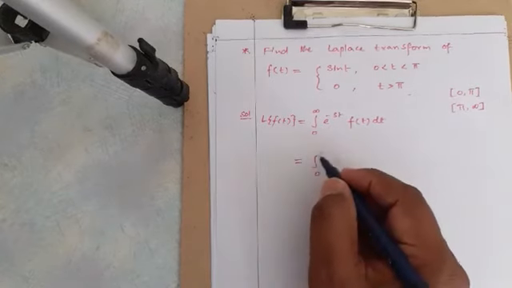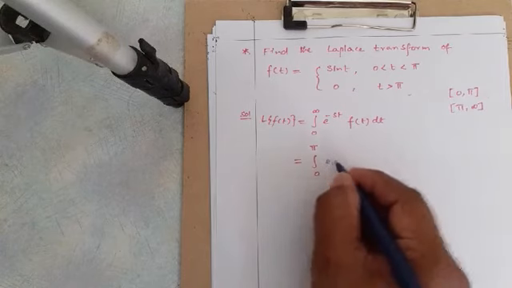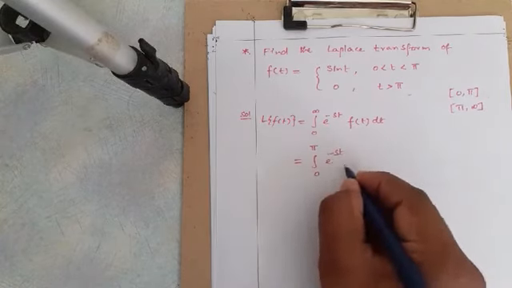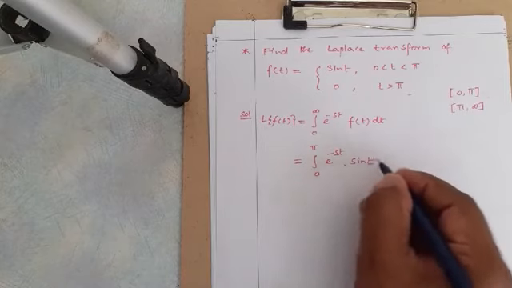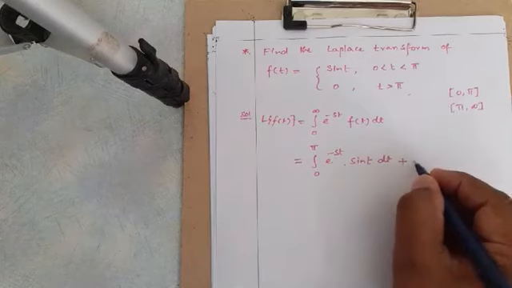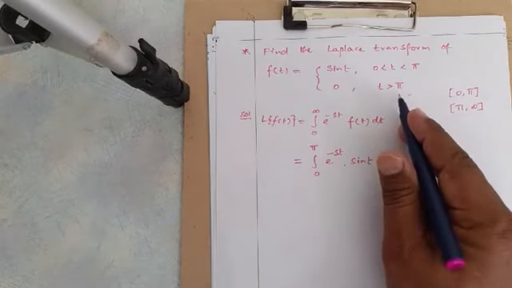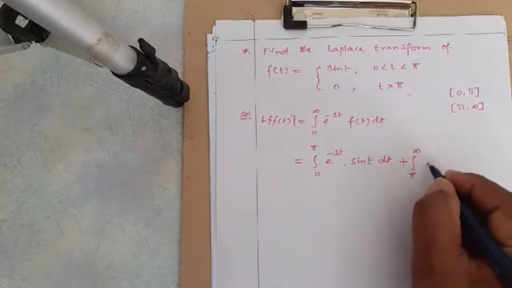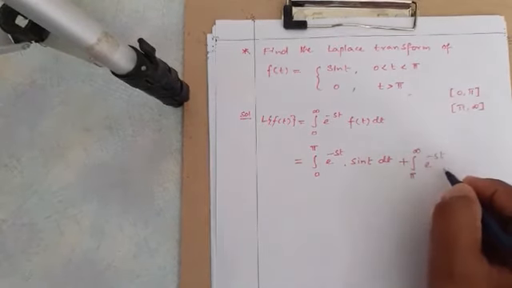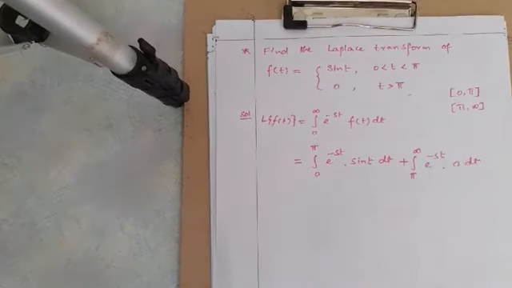So for 0 to pi, e power minus st, and the function here is sin t, so we write f of t is sin t dt, plus integral pi to infinity e power minus st. In this interval f of t is 0, so we write 0 dt.